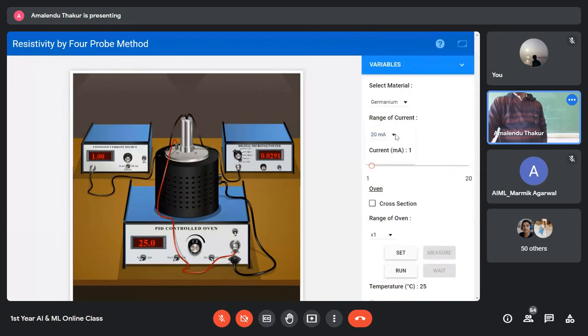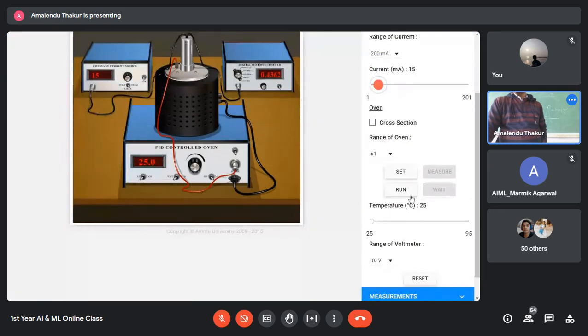Germanium. This is 200. We supply current, suppose 15. We set the temperature. Run.